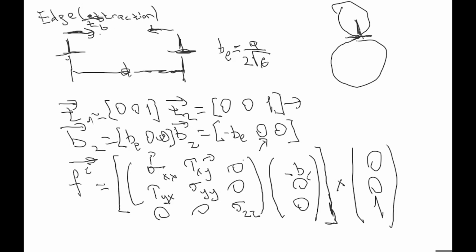You should have some formula, which is a function of shear modulus and 2 pi. I think it should be something like this, 2 pi 1 minus Poisson's ratio. Can you guys please try to Google the stress field of an edge dislocation, and let's solve the question all together.